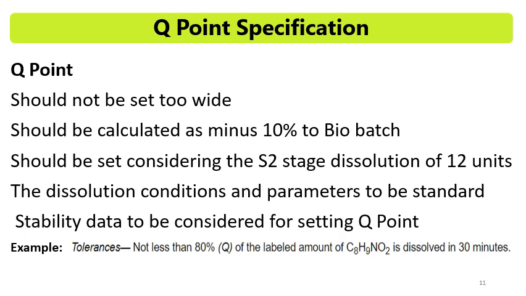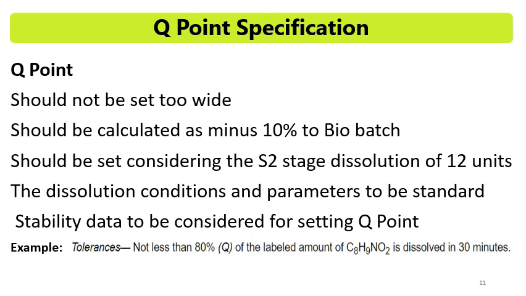So the example is given like the tolerances for the dissolution Q point will be, for example, not less than 80% Q of the labeled amount. For example, paracetamol is dissolved in 30 minutes. So it is the percentage of the labeled amount which is being released or dissolved in 30 minutes.